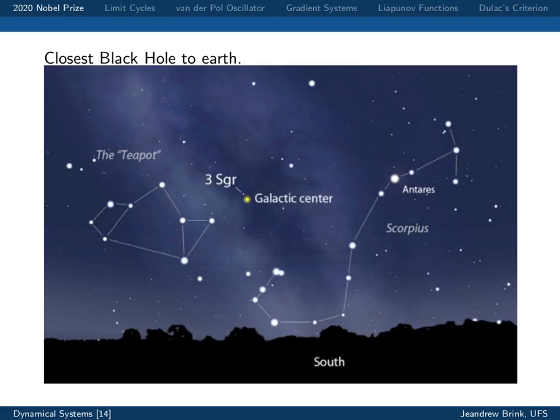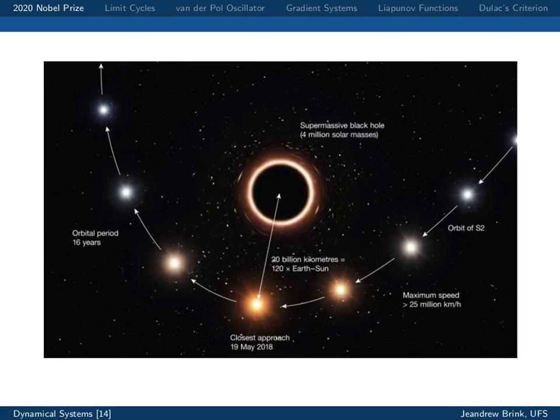Okay, and so what they did is they looked at a serious number of stars, the stars that get the closest. Now close around the black hole is relative, right? You can't get really, really close. It is still a very, very long way.